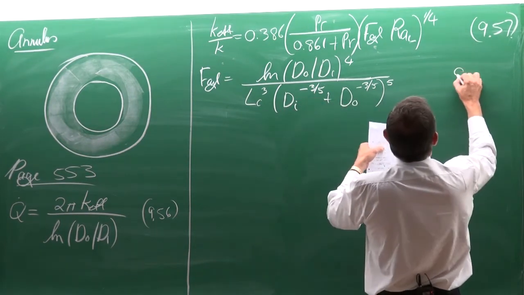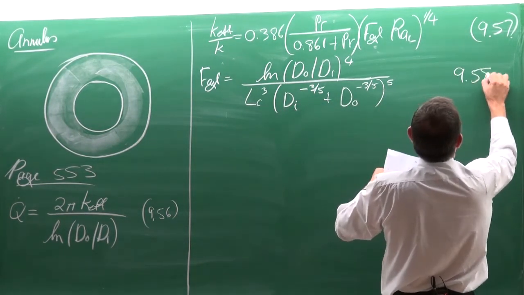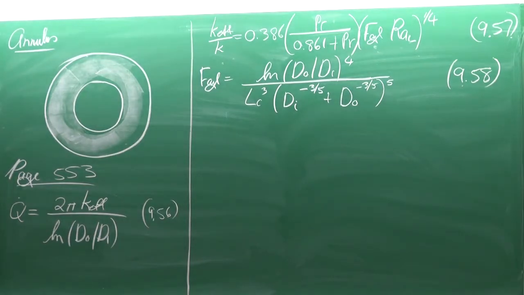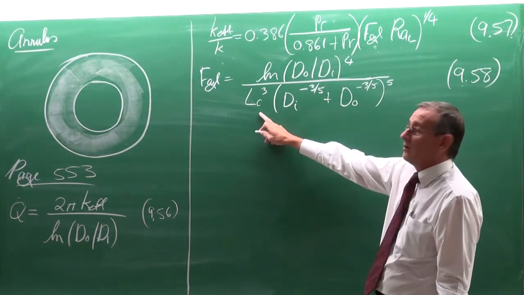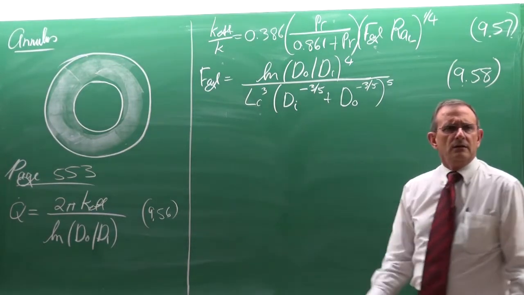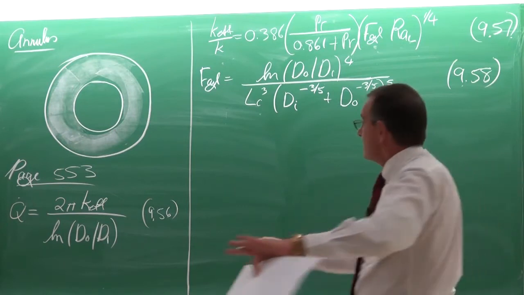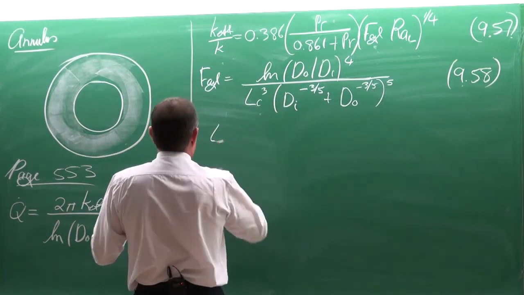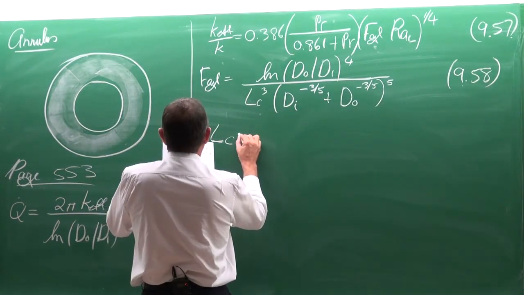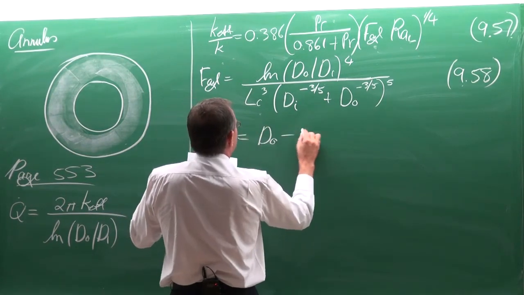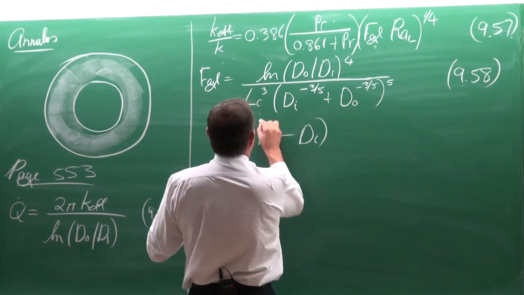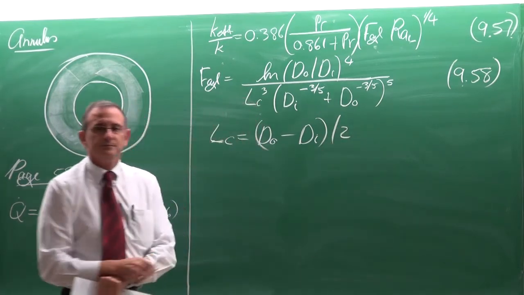And that is equation 9.58 in your textbook. And again, here's something new, an Lc that you don't know what it is. There's no obvious equation, but if you go and read the text, it says that Lc is equal to the outside diameter minus the inside diameter, divided by 2.